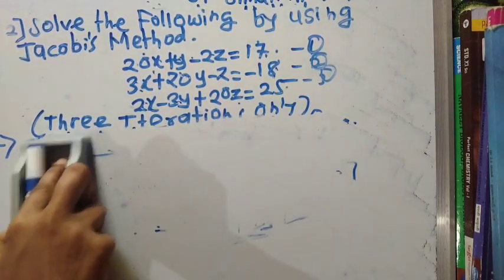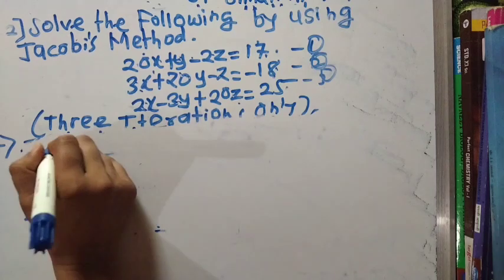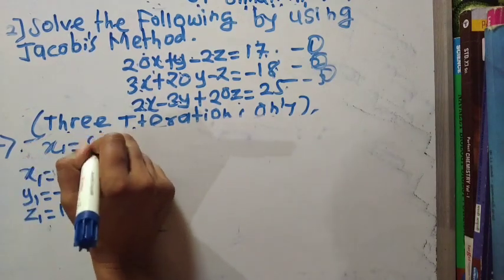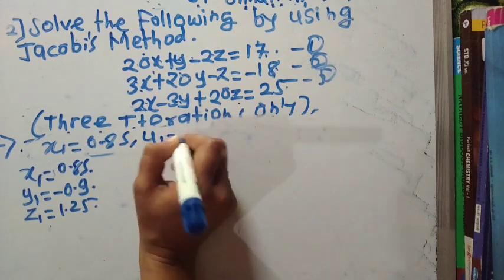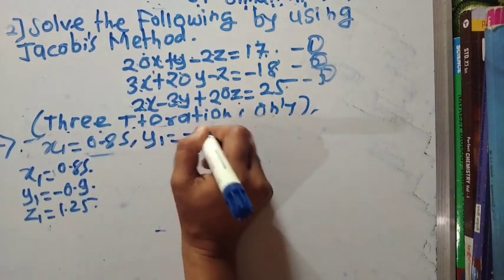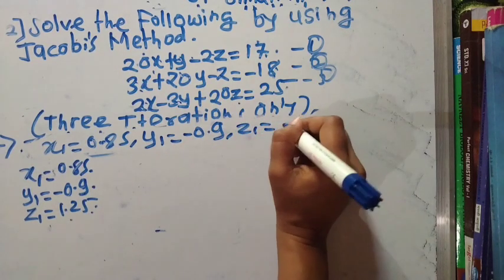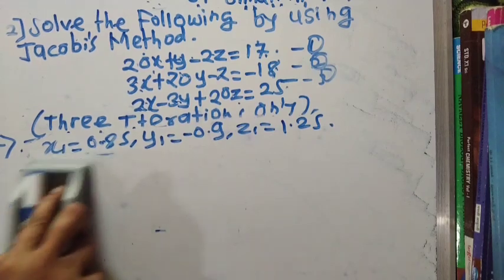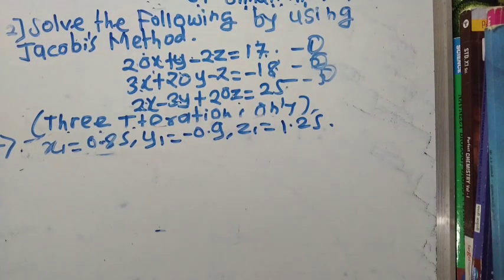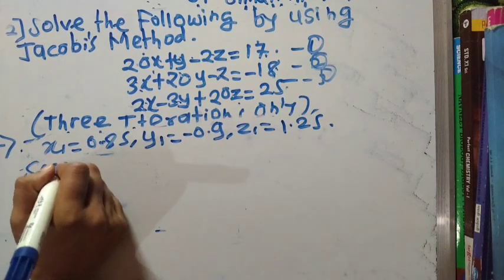So the first iteration is x1 is equal to 0.85, y1 is equal to minus 0.9, and z1 is equal to 1.25. Then find the second iteration.